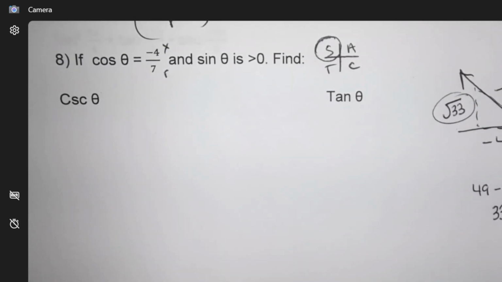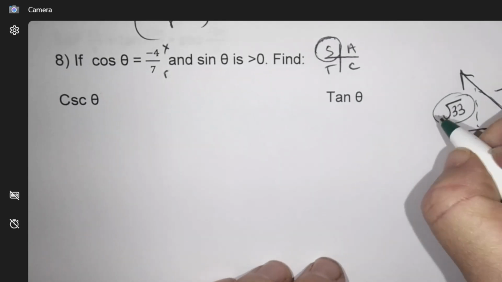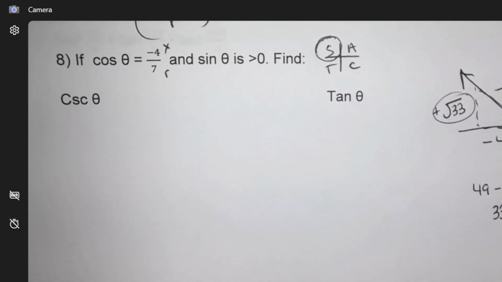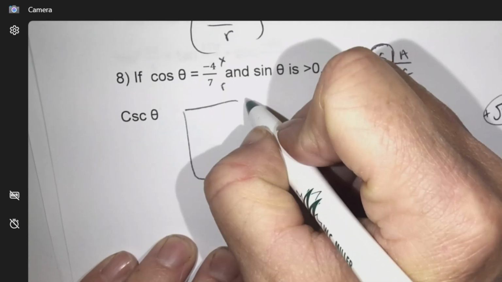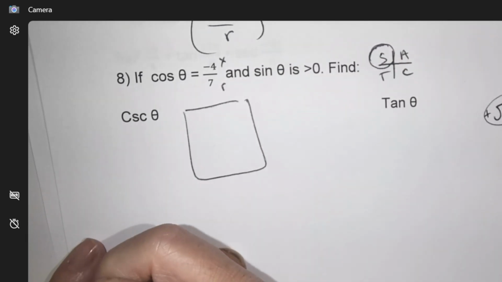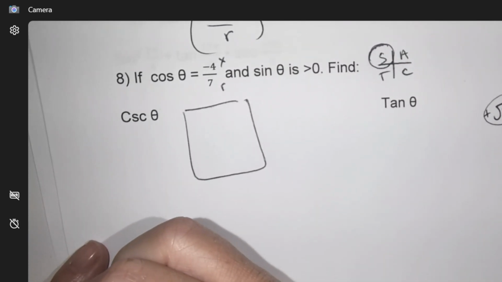And what do you think about location? Should I leave it positive or make it negative? Positive. Yep. I'm just going to note that to myself just so I remember. Okay, I checked. It's positive. Okay, cosecant. So which letters are we working with here?